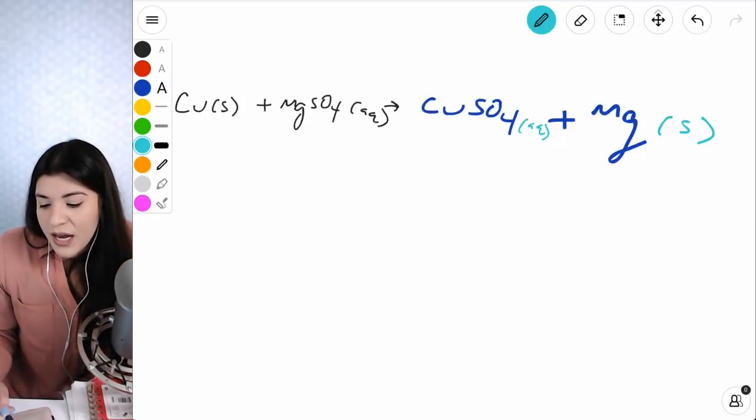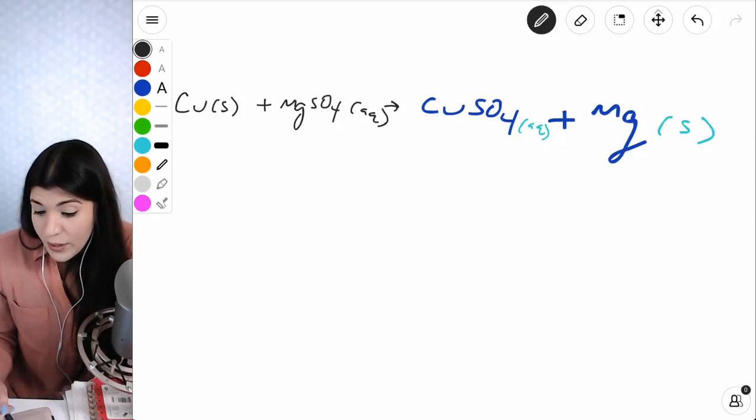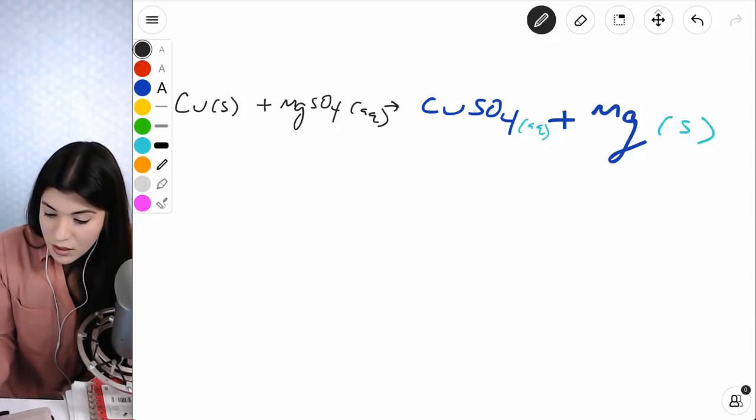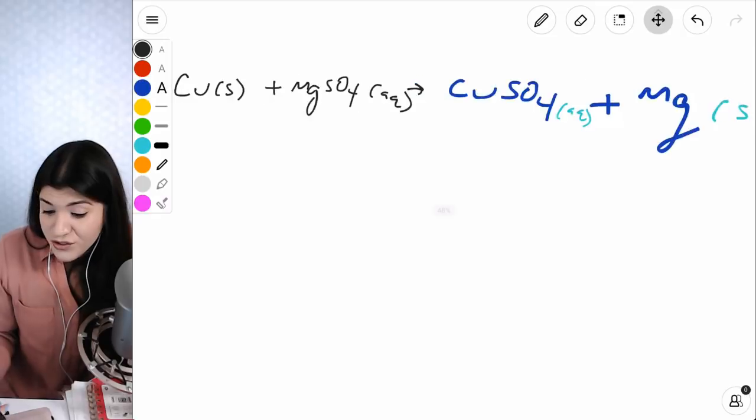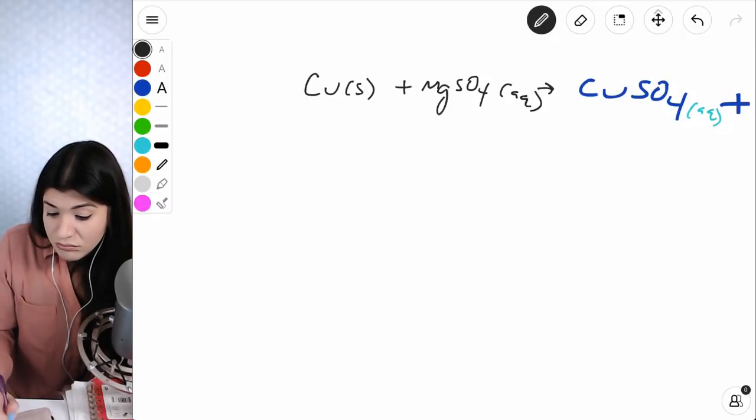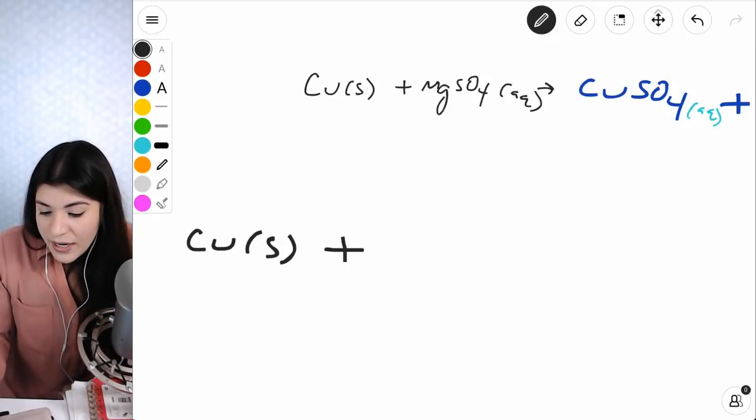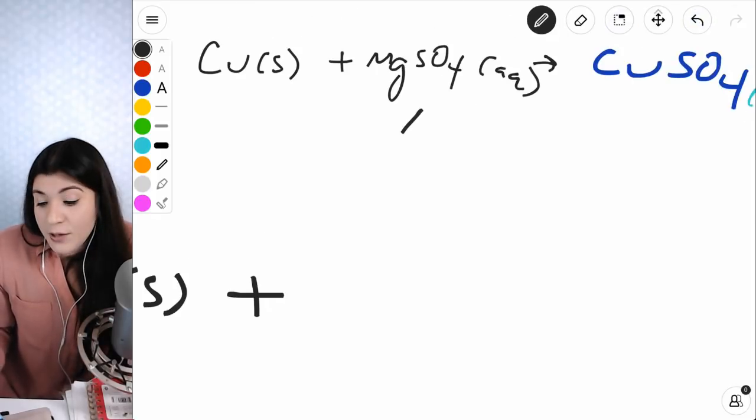So what we'll do now is really just separate all of our aqueous solutions. So I'm going to leave copper alone. And then I'm going to separate out our aqueous solutions into separate ions, putting the charges.